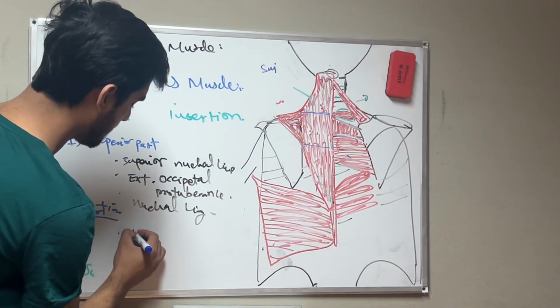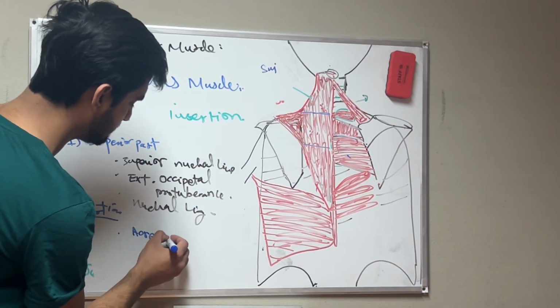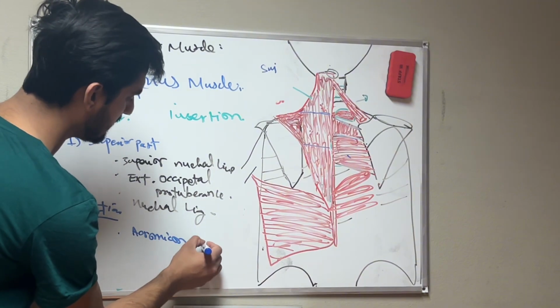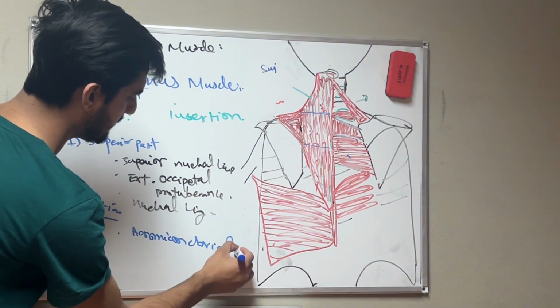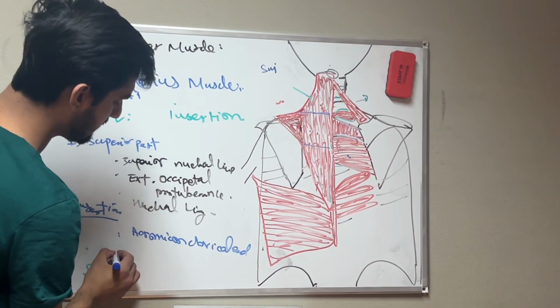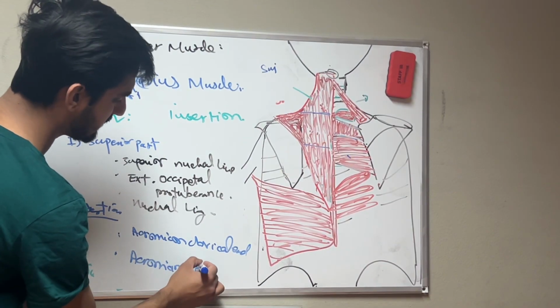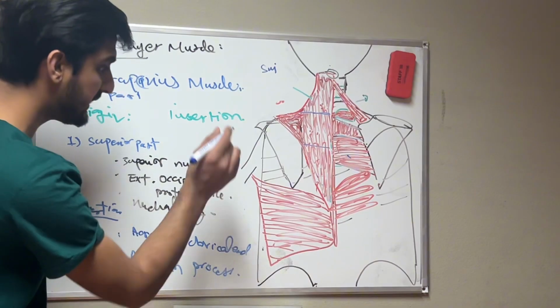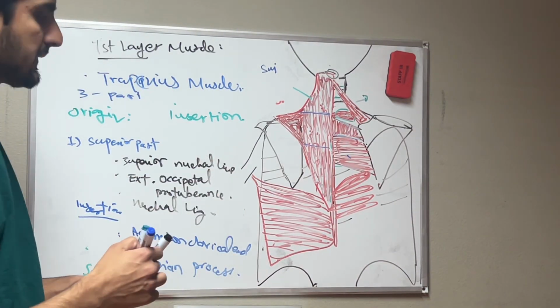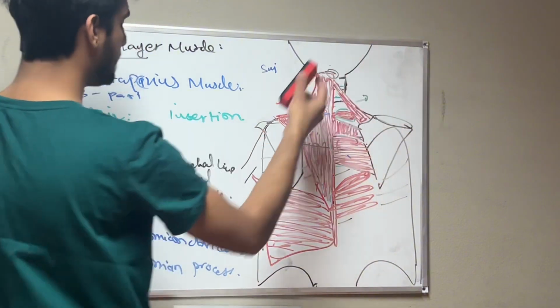Insertion is in the acromial end of the clavicle, and second is the acromion process. This is the insertion of the superior part of trapezius muscle. Okay, then we have the middle part.